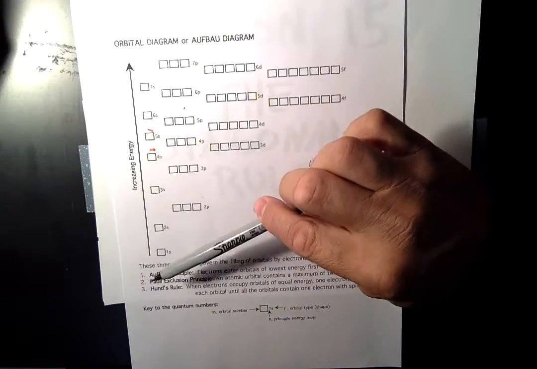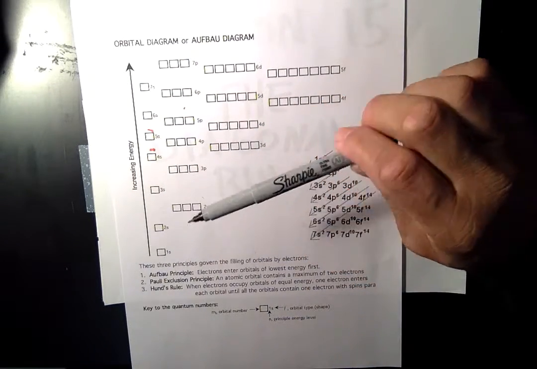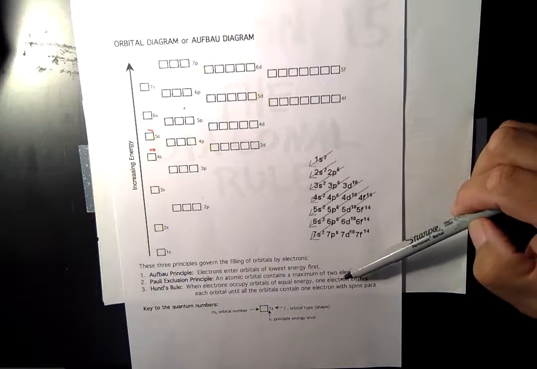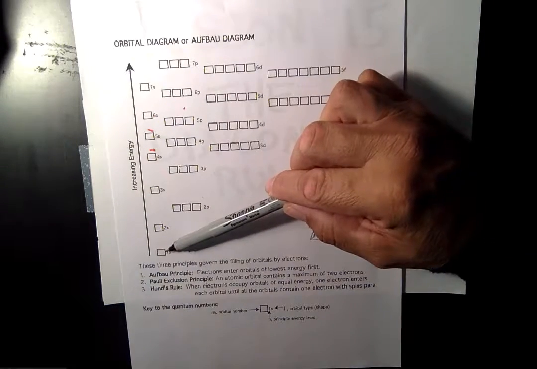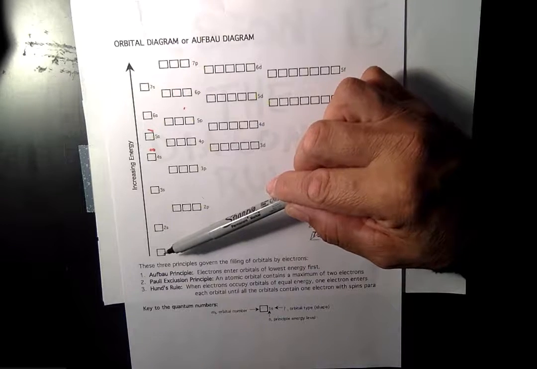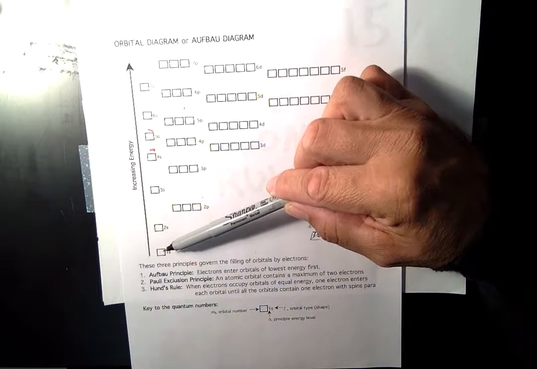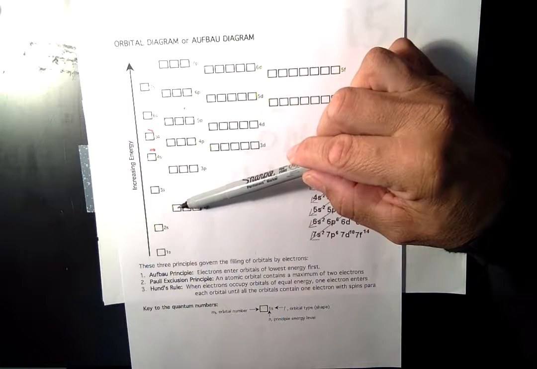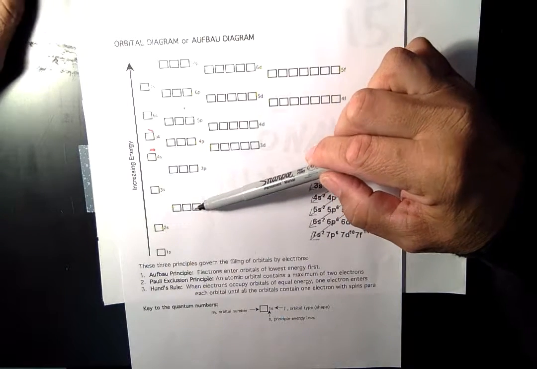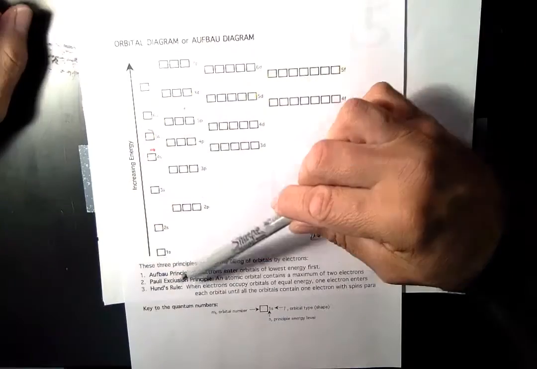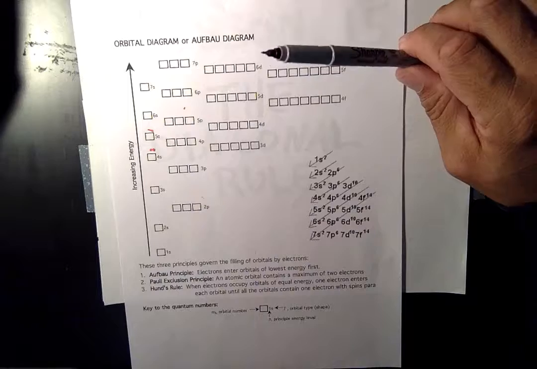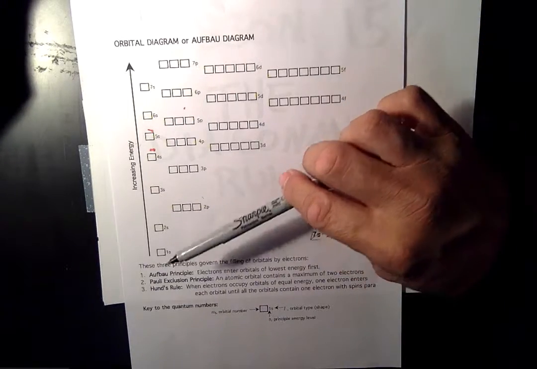There's another principle called Pauli's exclusion principle, which says an atomic orbital contains a maximum of 2 electrons. So each one of these orbitals can have 2 electrons. Remember, one going up and one going down. Here we've got 3, so each one of these can contain up to 2 electrons. That's Pauli's exclusion principle.